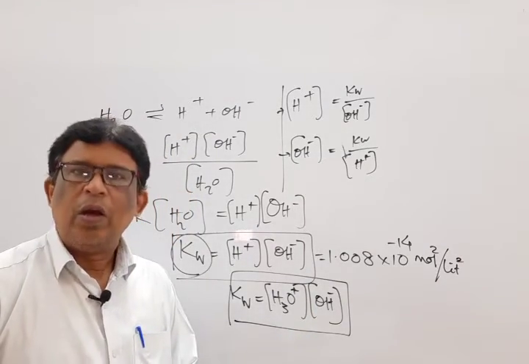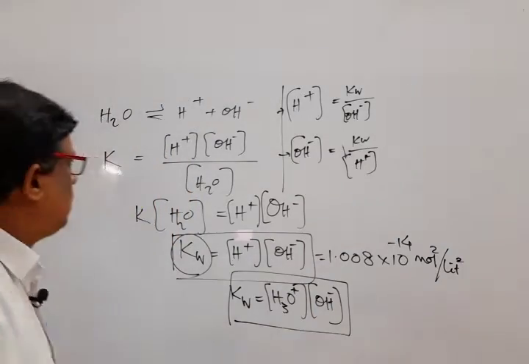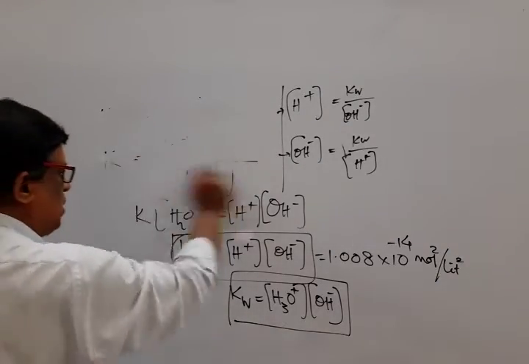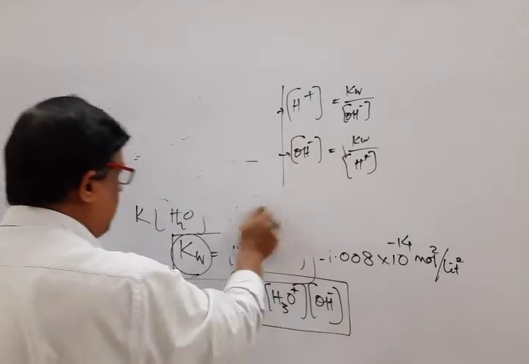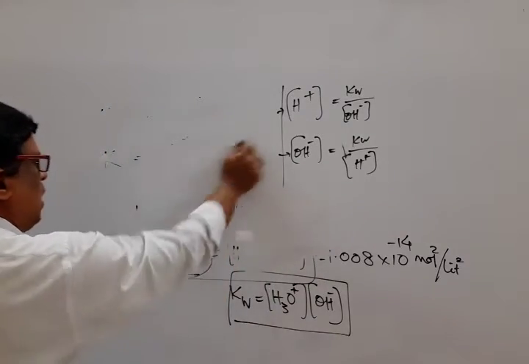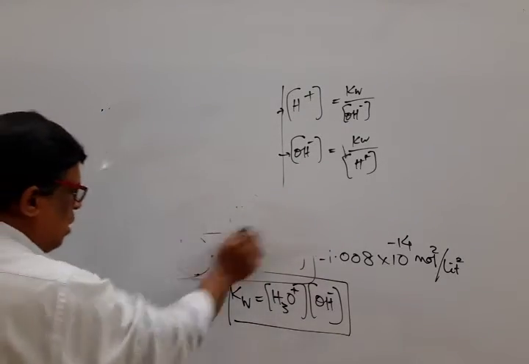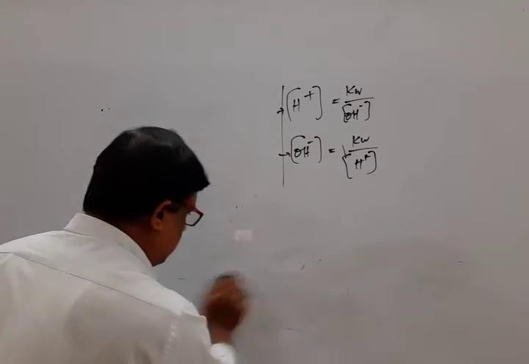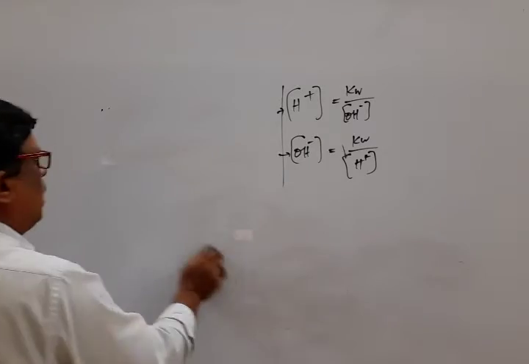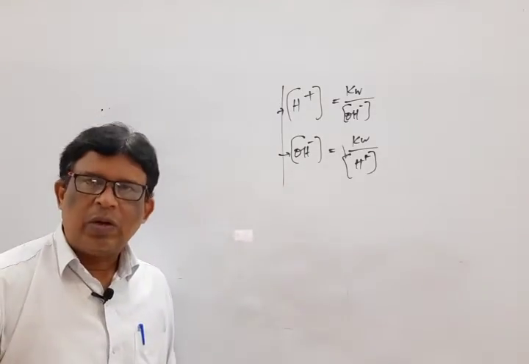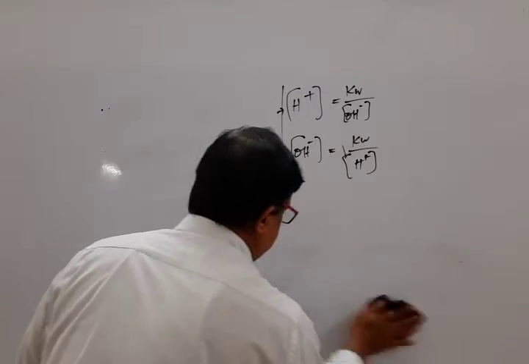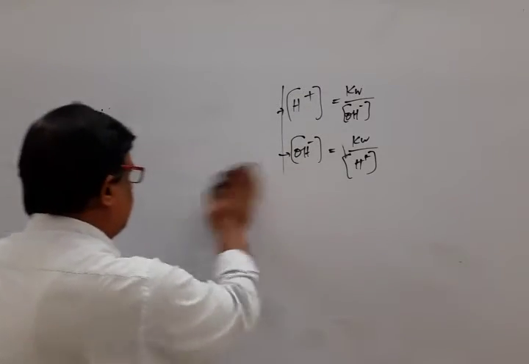And we know for acidic solution, H plus ion concentration is greater than that of the OH minus ion concentration. And for basic solution, OH minus ion concentration is greater than H plus ion concentration. And in case of neutral solution, H plus ion concentration is equal to OH minus ion concentration.